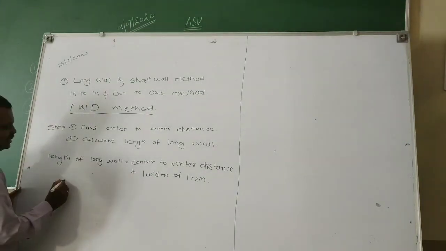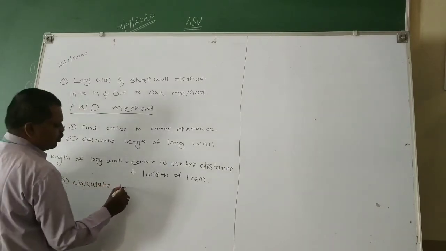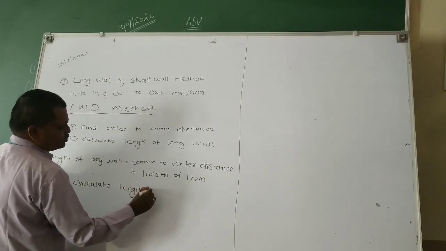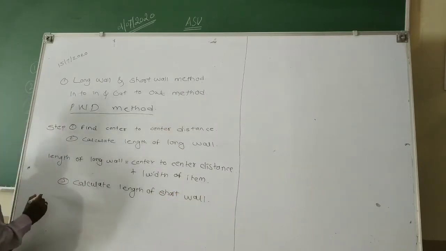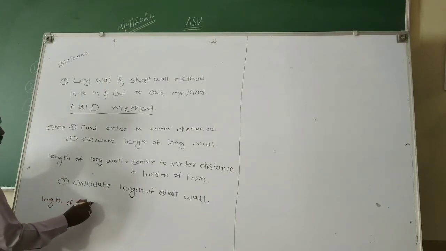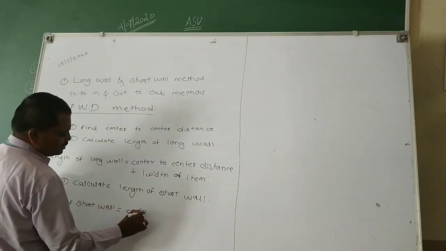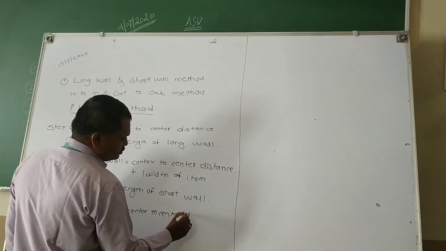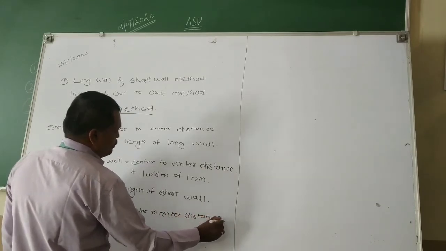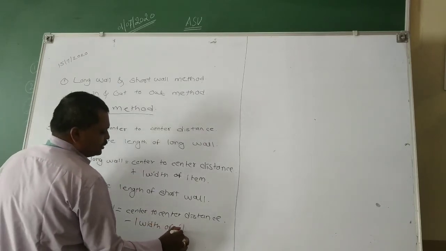Thirdly, you have to calculate the length of short wall, and it is given by the formula: length of short wall is equal to again center to center distance minus one width of item.